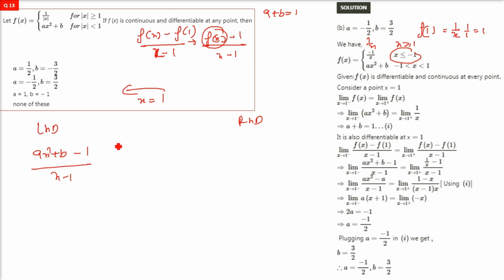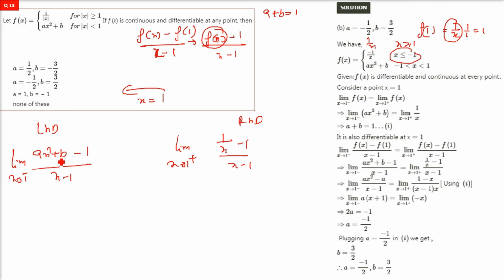Limit x tends to 1 minus and limit x tends to 1 plus have to be written by you. And when you go on 1 plus, you have 1 by x minus 1 divided by x minus 1. So let us resolve them and try to find another equation.